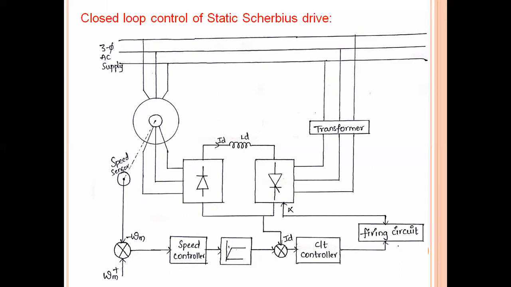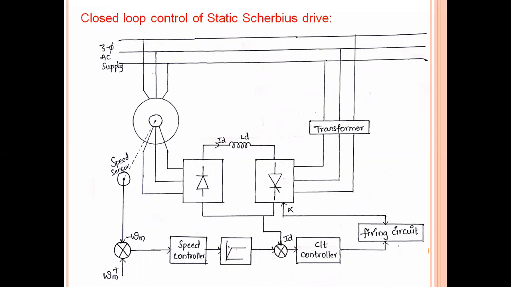In fan and pump applications, braking is generally not required because the fluid pressure itself provides adequate braking torque. So in particular, a fan and pump drive doesn't require any braking action.